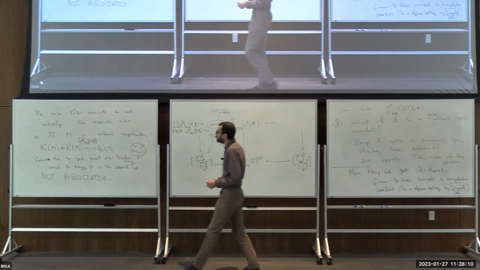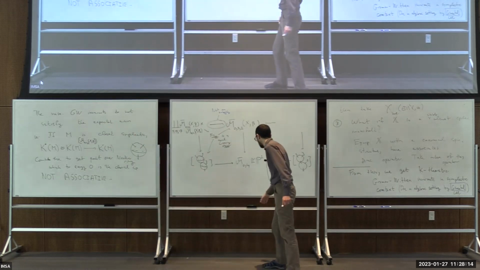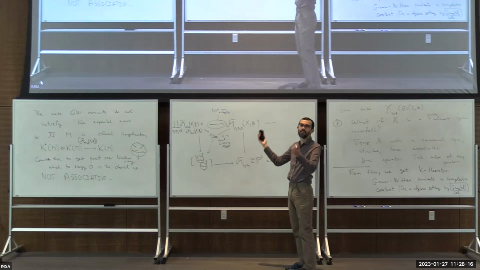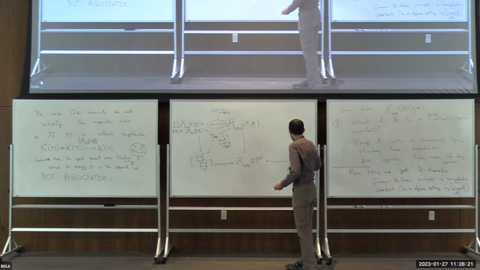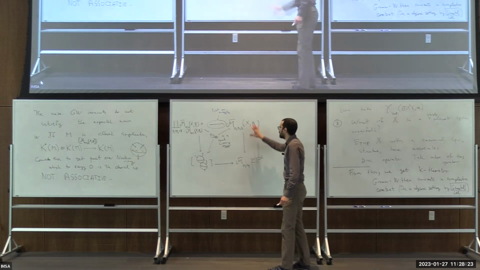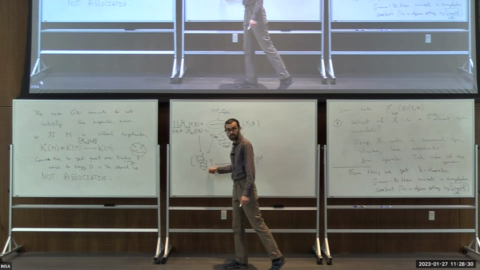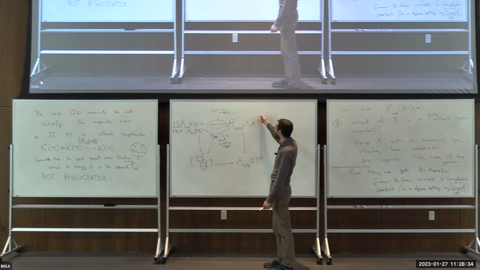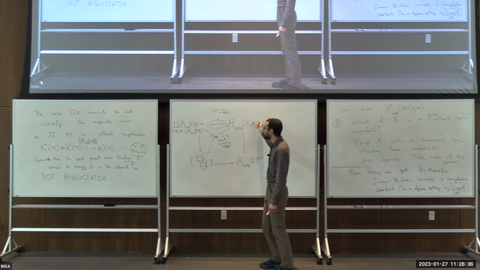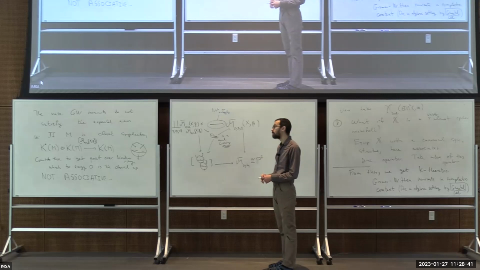So if you want to prove this associativity, the most algebraic way to do it is to say, all I want to do is take the fundamental class of this, the homology or K-theory of this, there's a class associated to this point. You pull back, you cap against the fundamental class of this, and you would like for that to be the image of the fundamental class. And that's just not true.